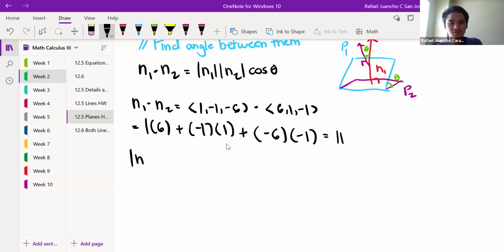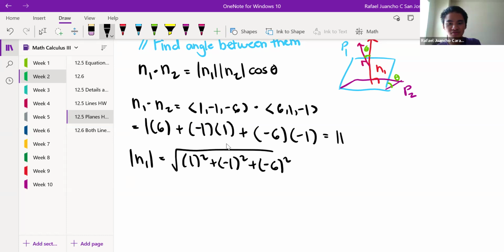Now, what is N1? What's the absolute value of N1 or the magnitude? That's just a distance formula. So 1 squared, -1 squared, -6 squared. This is 1 plus 1 plus 36, 38. Square root of 38.